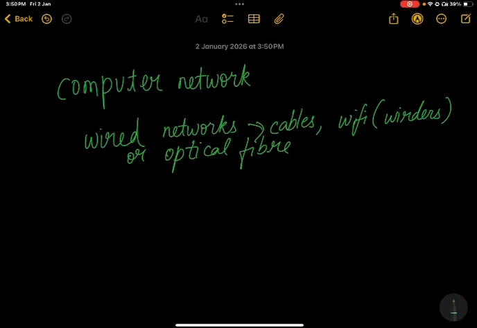Because data communication involves many complex steps, a structured model is required to ensure reliable and standardized communication between different systems. To understand how this communication takes place in an organized manner, we use the OSI model.